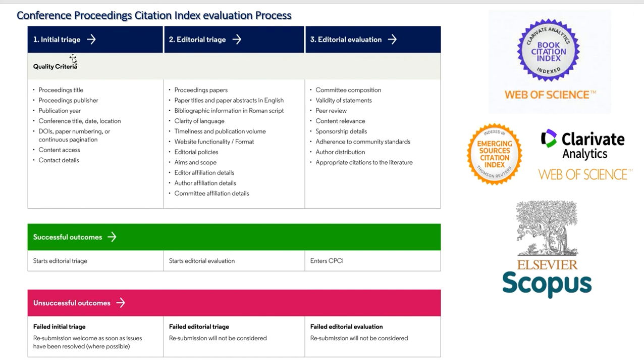These are the initial checks. Later, after publication, comes the editorial stage. The editorial stage is based on various factors: papers, titles and abstract in English or any other language, bibliographic information in Roman script or any font, whether they are conference proceedings, journal proceedings or book proceedings, and clarity of language.